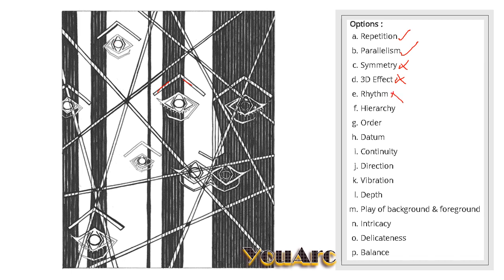Hierarchy, can we give hierarchy? Is any eye a little different by size or shape? Yes, we can see here, right? But it is not that highlighted. Maybe it is there. Let's keep it as an option. Order, we don't have any order. No datum.